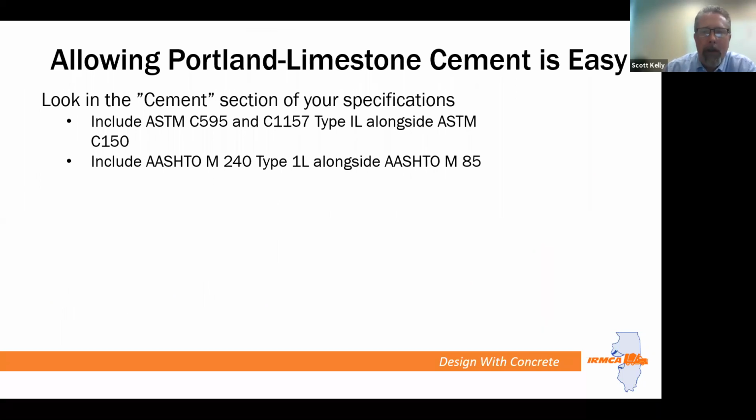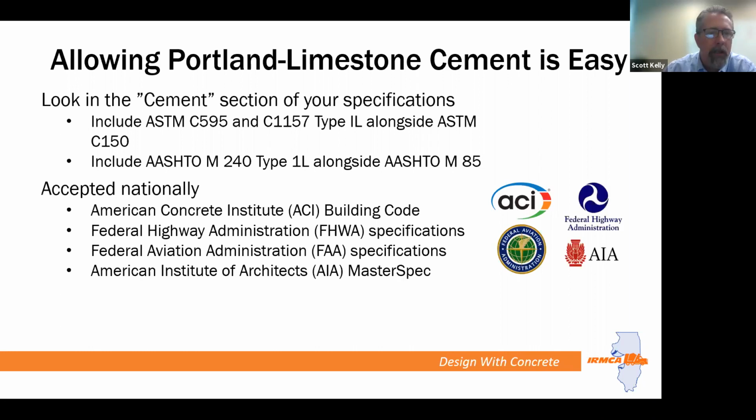So allowing Portland limestone cements is easy. They're already in the building code, and they're accepted nationally by ACI, the FHWA, the FAA, and also within the American Institute of Architects Master Spec. So they're very easy to incorporate into your existing specifications now if they're not there already.